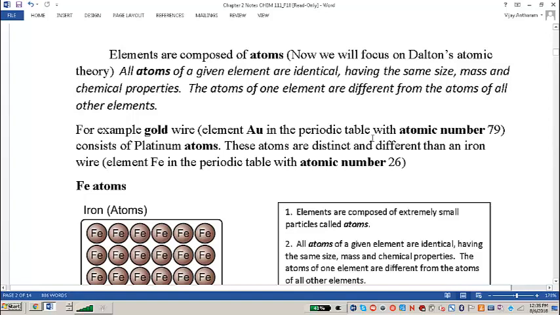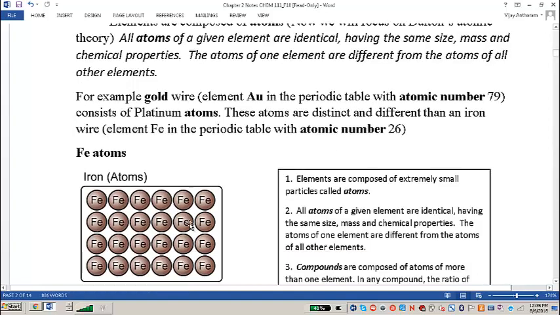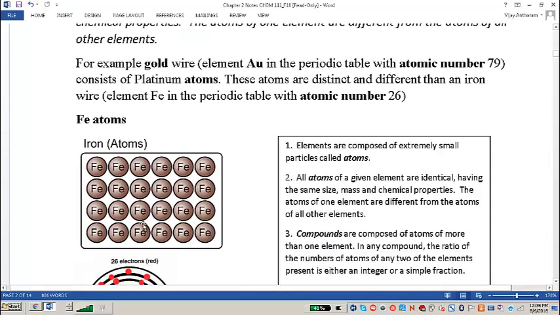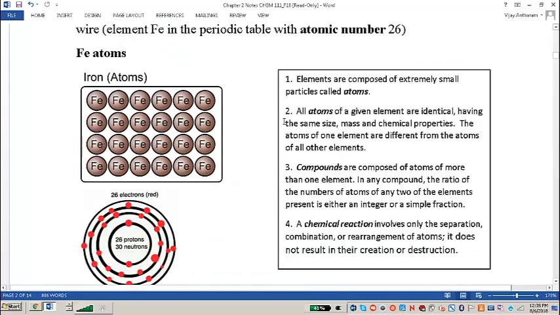As we continue on, elements are composed of atoms. So let's look at the iron atom. Iron, as we mentioned before, has an atomic number of 26, which means it has 26 protons in its nucleus. Protons are a positively charged subatomic particle, and these are the arrangements. I have here a little bit of tidbits or extra notes that you can write down or just know.